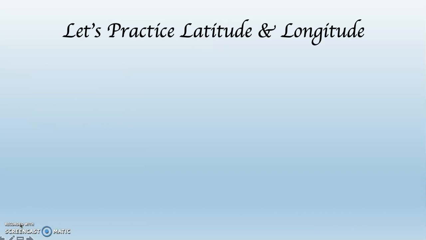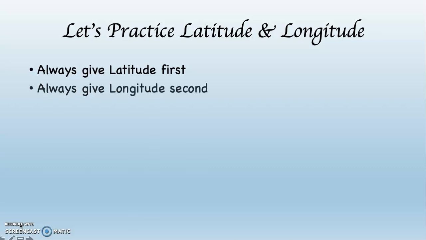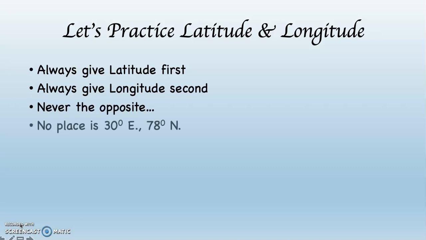So let's practice latitude and longitude. We always give the latitudinal hemisphere first, and then we give the longitudinal hemisphere second. So the designations are always latitude first, longitude second. It is never, ever longitude first, latitude second. Never. So we are not going to do, for example, this.